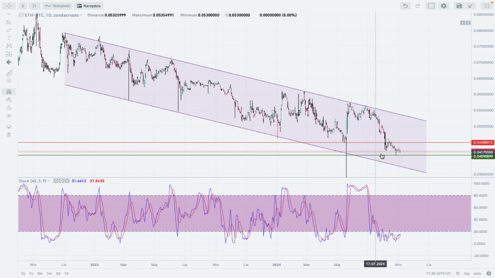This channel is a downsloping channel with the internal downtrend with lower highs and lower lows that goes towards the extremely overbought and extremely oversold market conditions. So it doesn't actually look like the market wants to do something about it. It's been like this since the top of 2022, and it keeps going on like this for months.